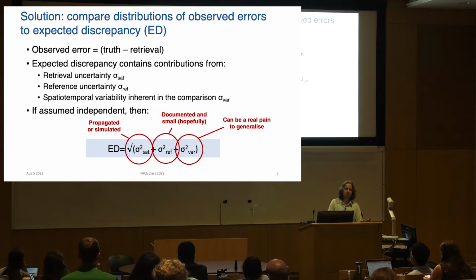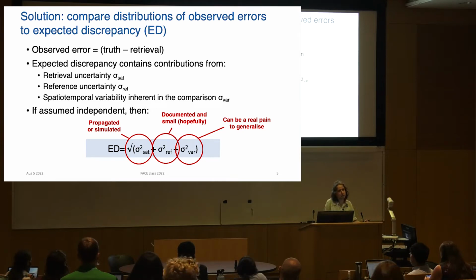One is the uncertainty on the satellite retrieval. One is the uncertainty on the reference measurement. Even AeroNet has some uncertainty, for example. Nothing is perfect. And the third component is this spatiotemporal uncertainty, introduced by the fact that you're comparing not really apples with apples, but a satellite with a ground measurement or something.